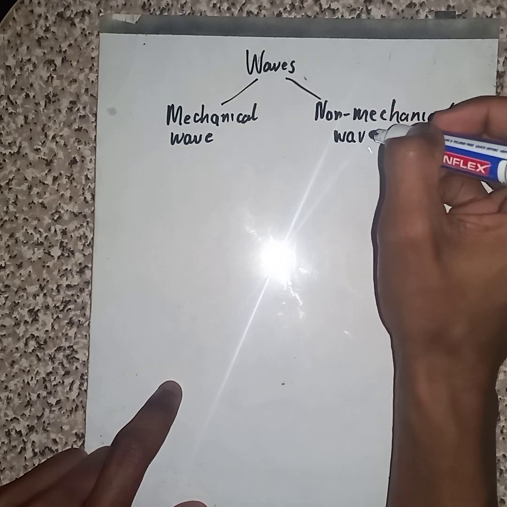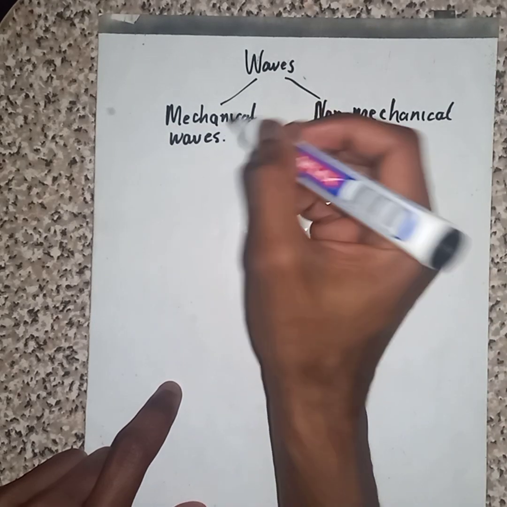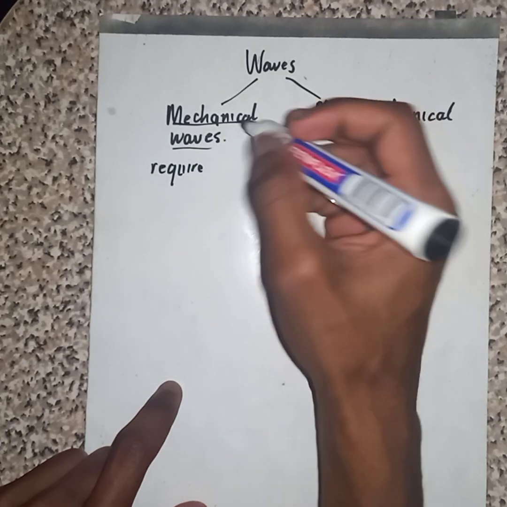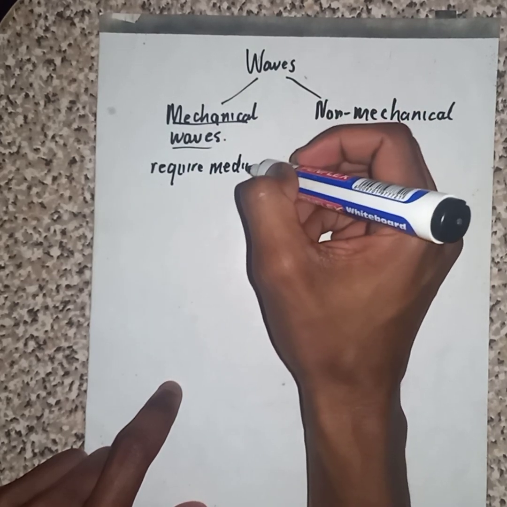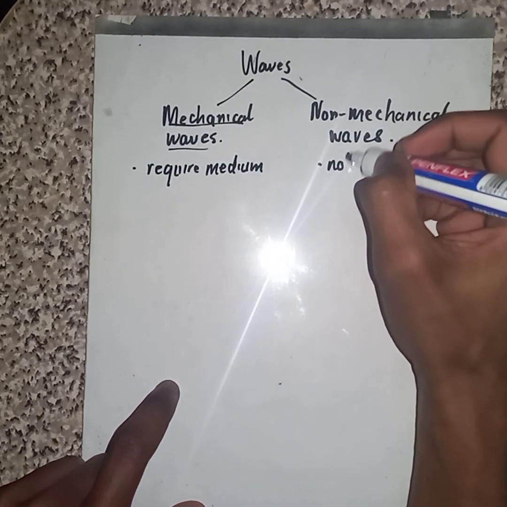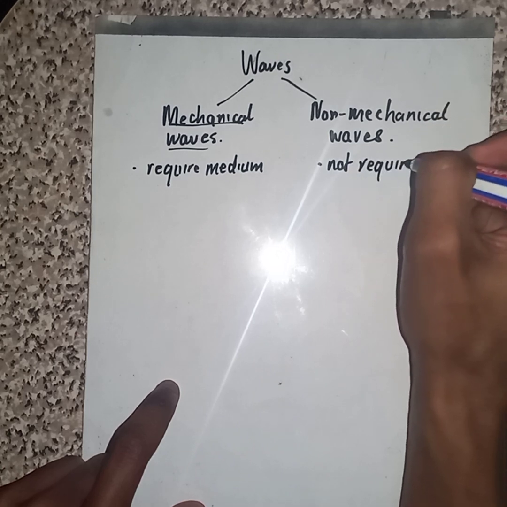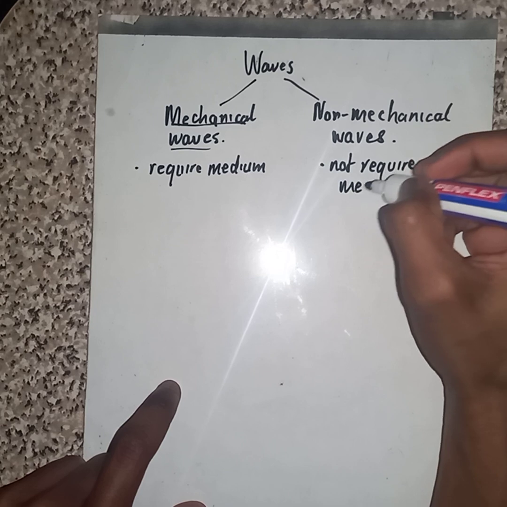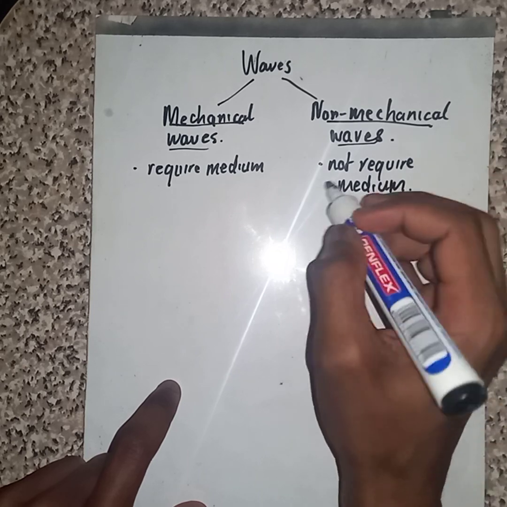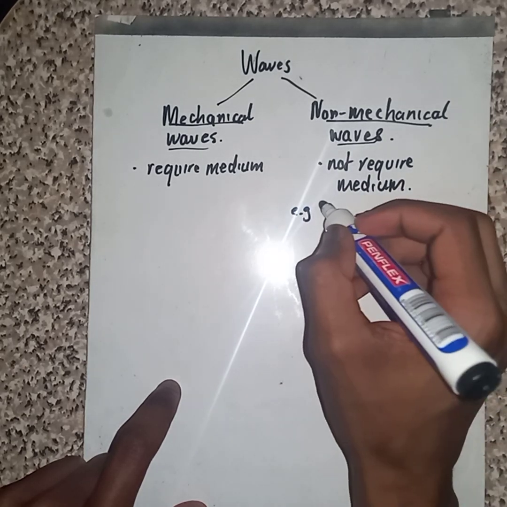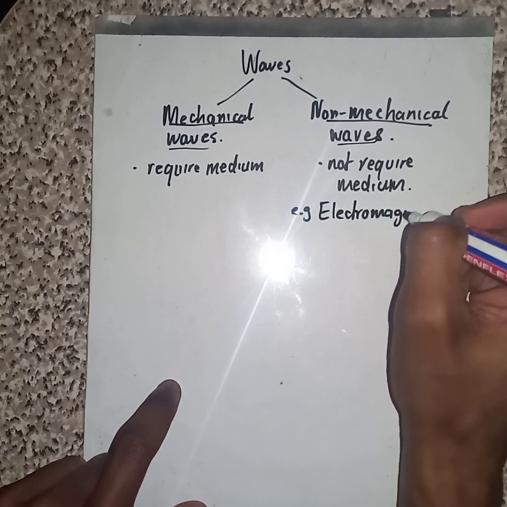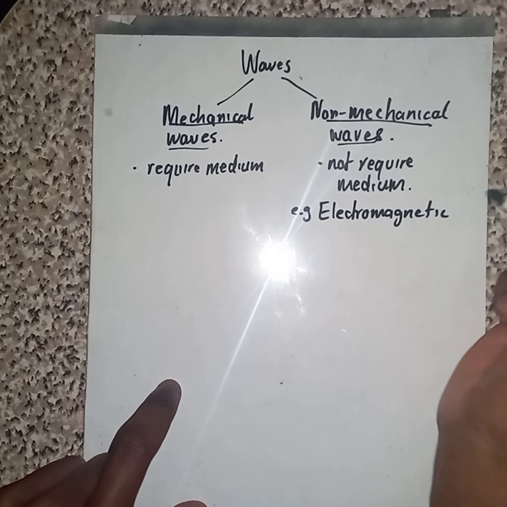Then we said that mechanical waves require what? A medium. Then these ones, non-mechanical waves, they do not require a medium. What are those? They are, for example, electromagnetic waves.